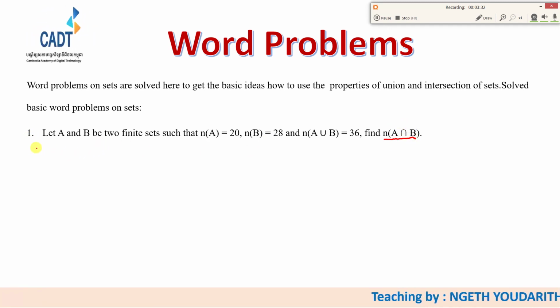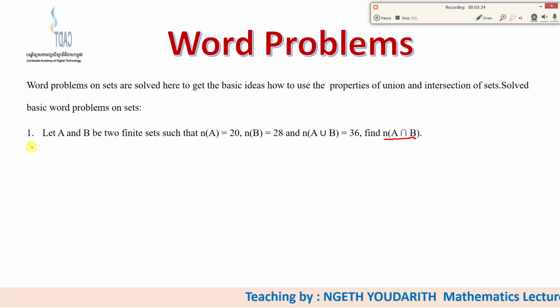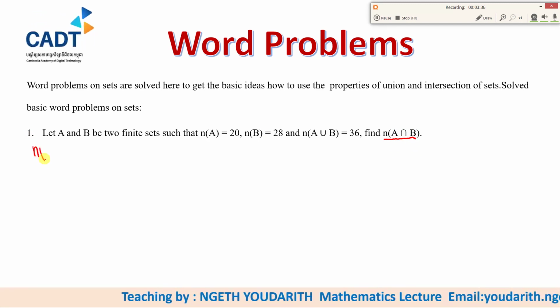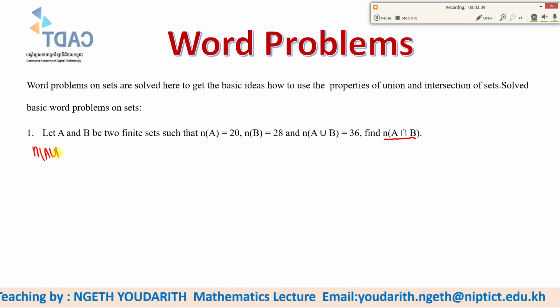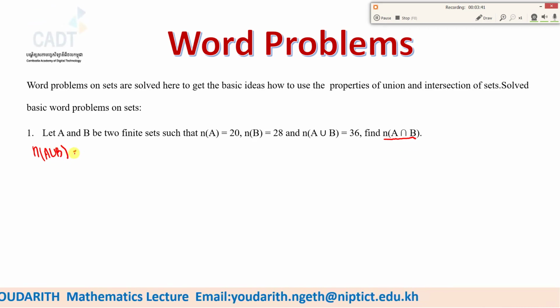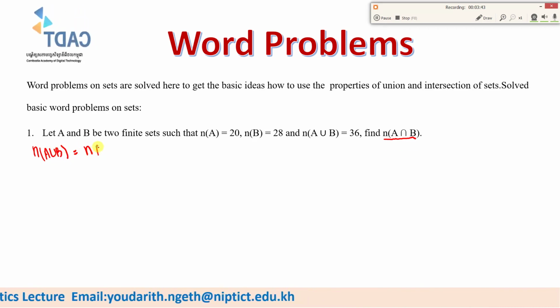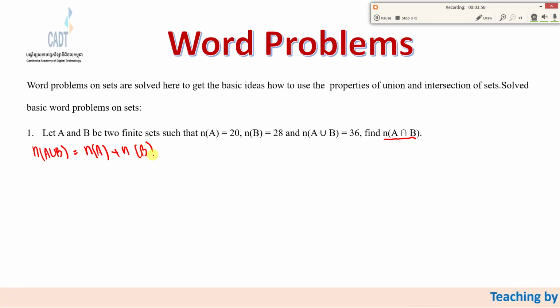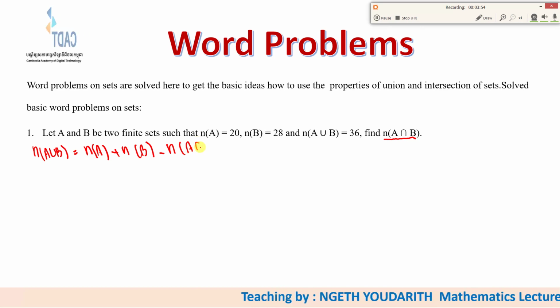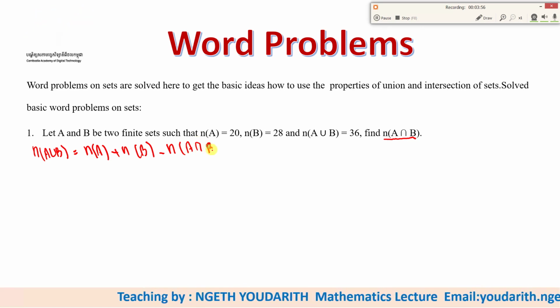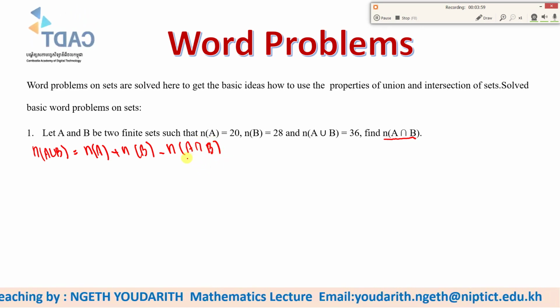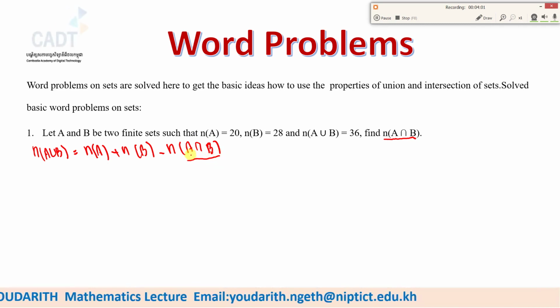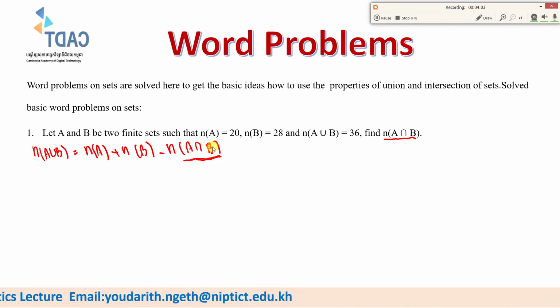Our formula is n(A union B) is equal to n(A) plus n(B) minus n(A intersection B).